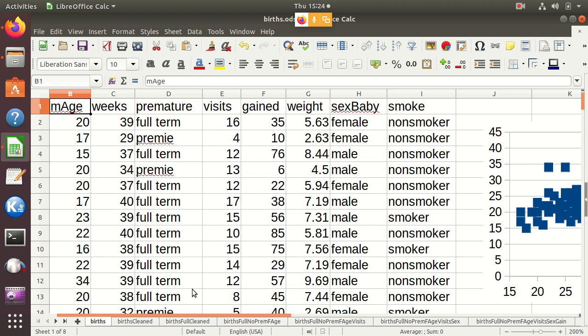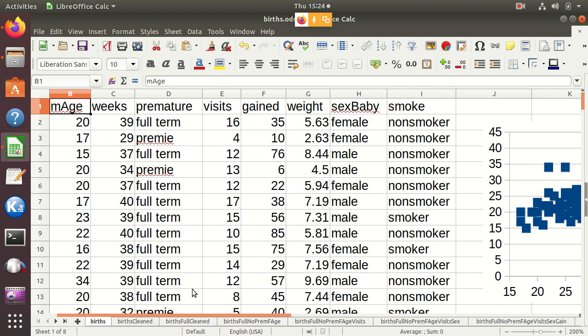Now, the only thing I don't like about this example is all my categorical variables only have 2 levels. Okay? They're just, you know, smoker, non-smoker. So I can use a 0 or a 1, a single dummy variable. But remember, we talked about this last week, that the number of dummy variables I need is 1 less than the number of levels.